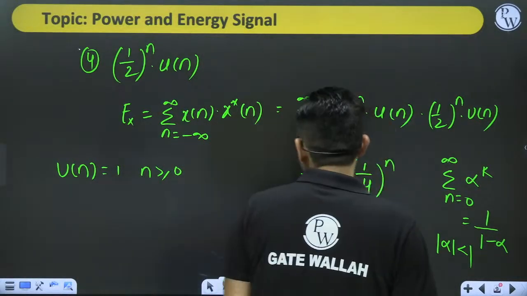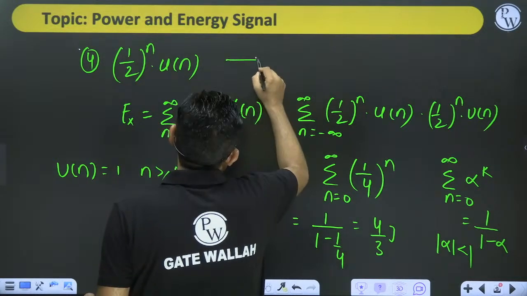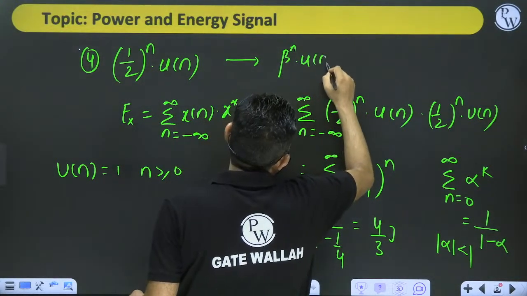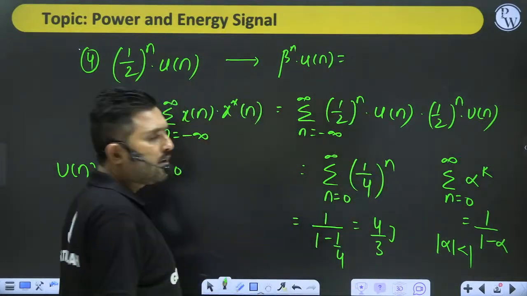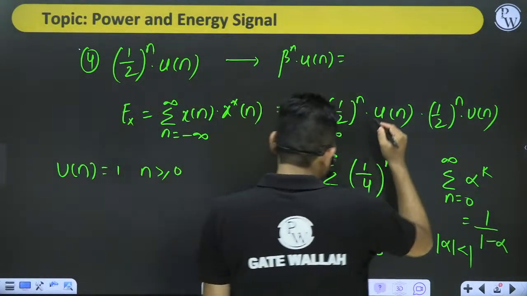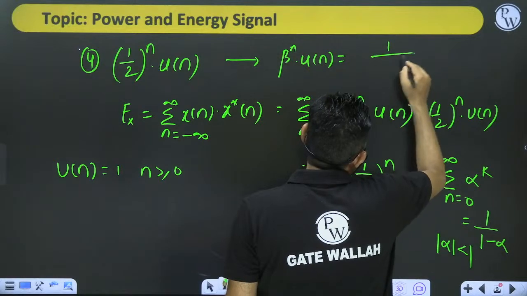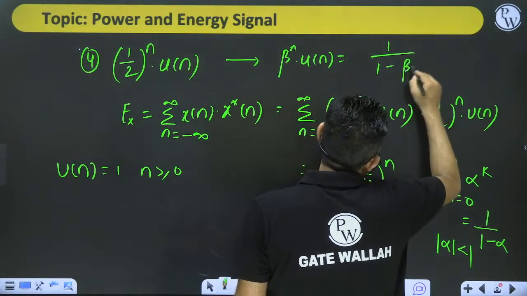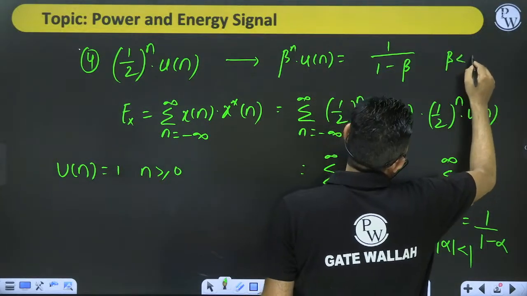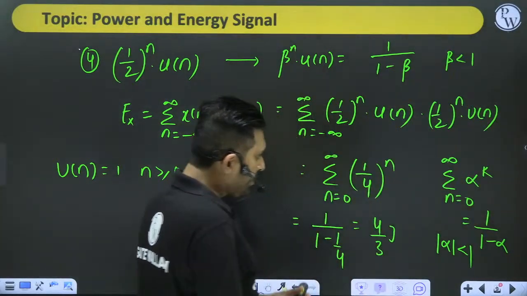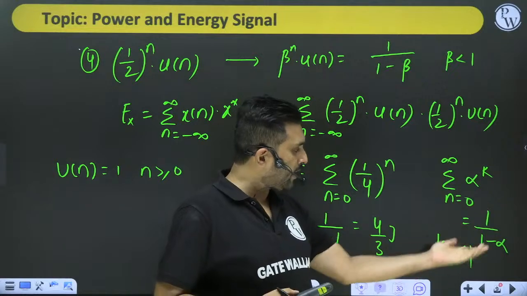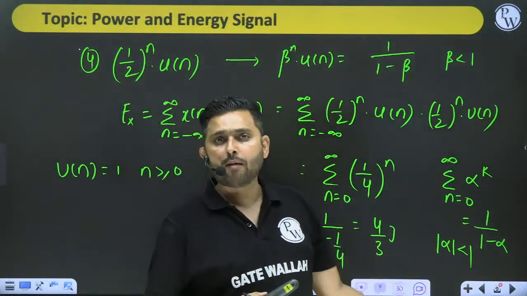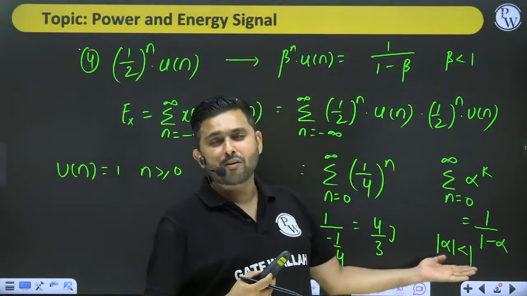I am giving you homework. If I take beta to the power n, un, then prove that the energy comes out to be 1 upon 1 minus beta squared, if beta is less than 1, then only. If alpha is greater than 1, then the infinite GP series will not converge. It is equal to infinity. You know that from your high school maths. Yes or no? This infinite GP series will not converge.